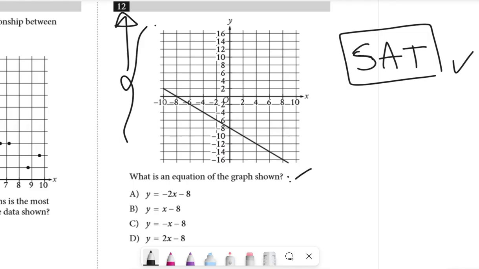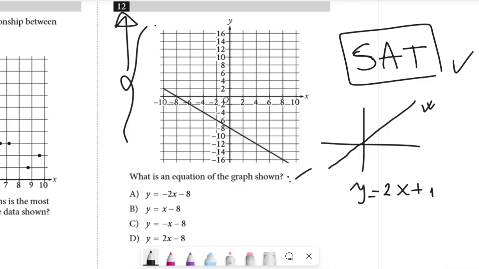First of all, you need to know that if a gradient is positive, for example 2x plus 1, then our graph looks like this. Okay, so it's rising towards positive x values.